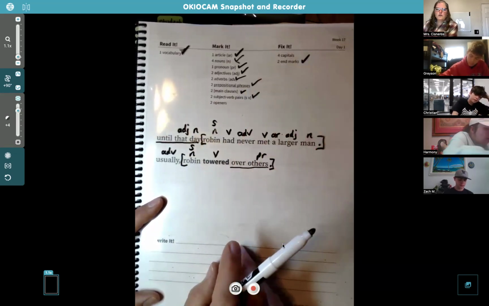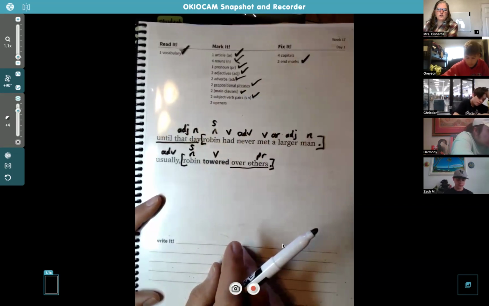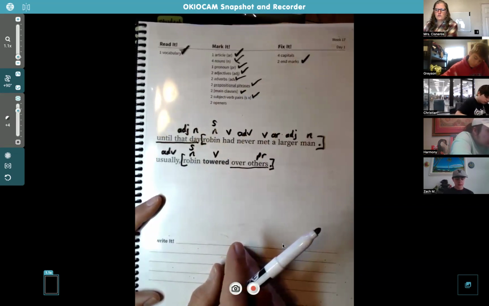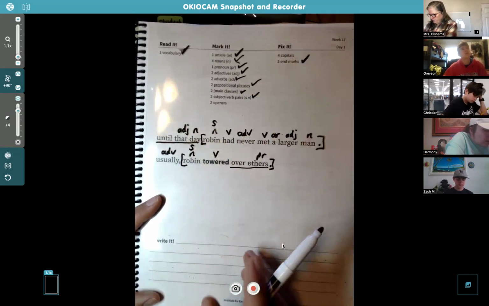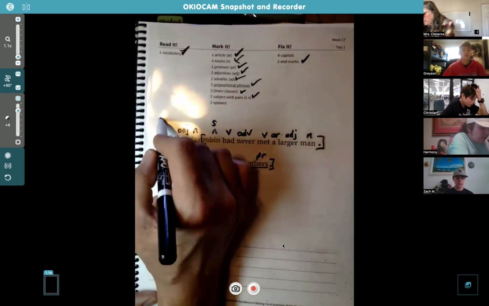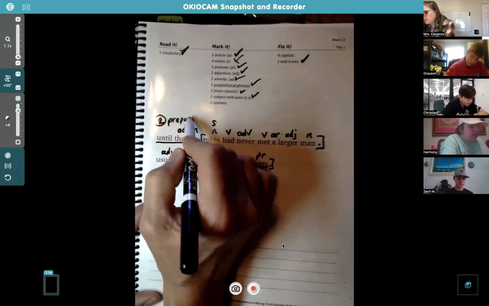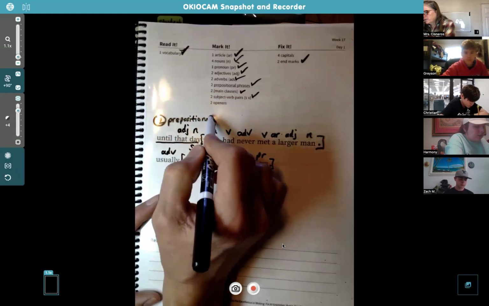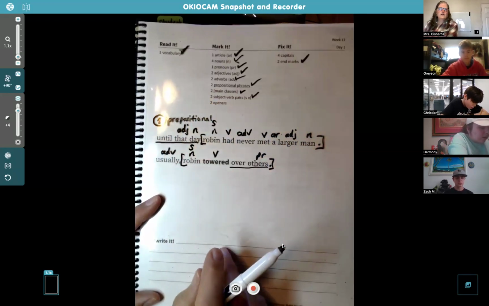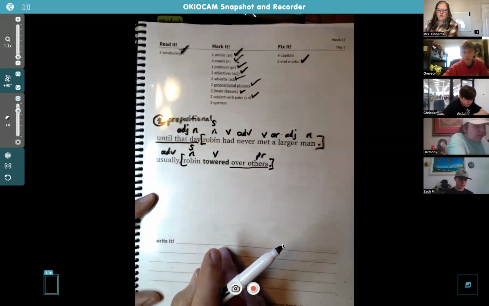And then speaking of openers, Grayson, we have 2 different openers here. What are those openers? Prepositional. Good. Number 2. And I'm just going to write in prepositional here just to help us remember that. And then LY is 3.